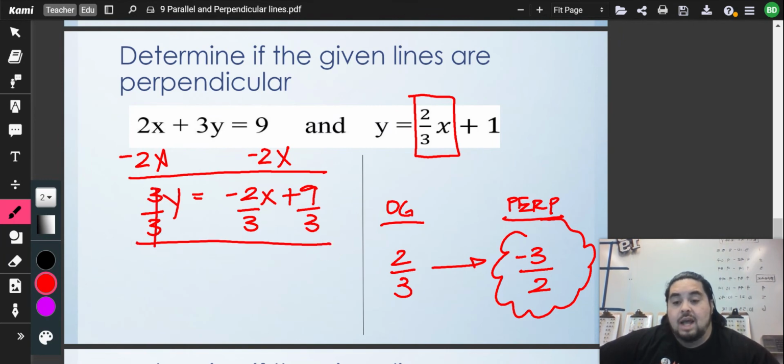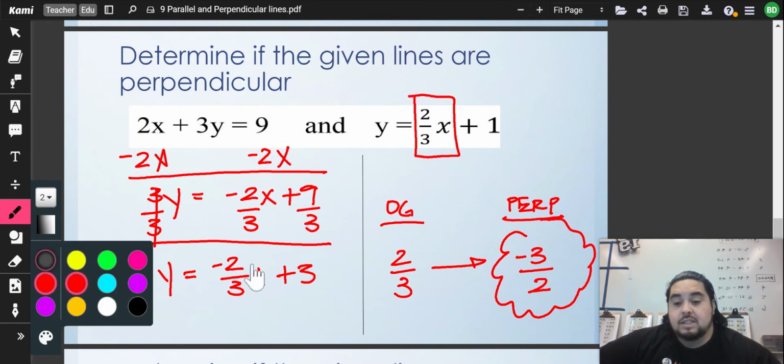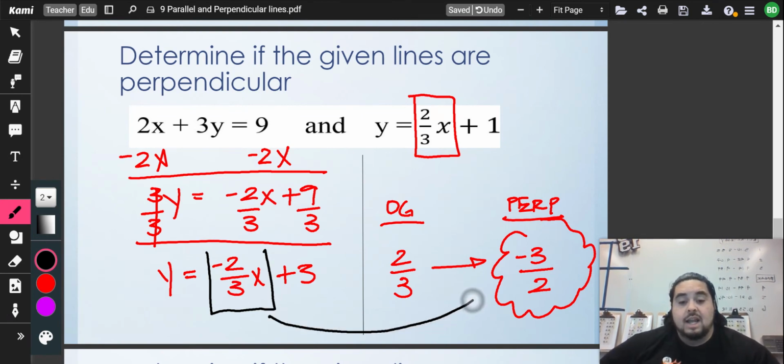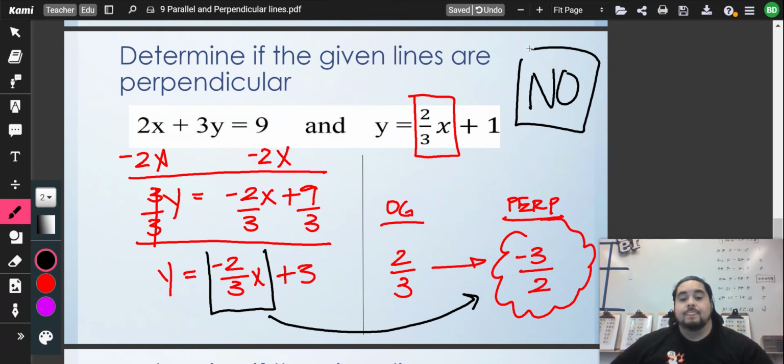And so y equals negative 2/3 x, and 9 divided by 3 is 3. Now, if we compare this slope to the one on the right-hand side, this is negative 2 over 3. That is not what we're looking for. It does not match. They do not match, so the answer is no. These lines are not perpendicular.